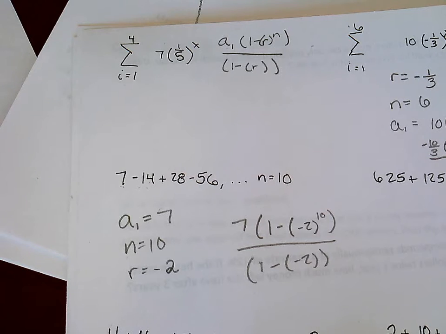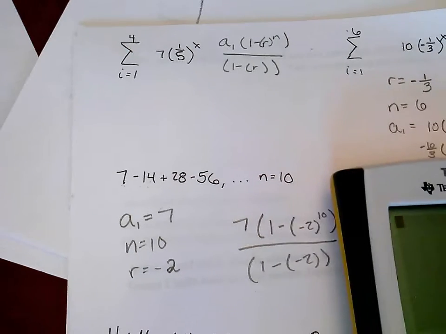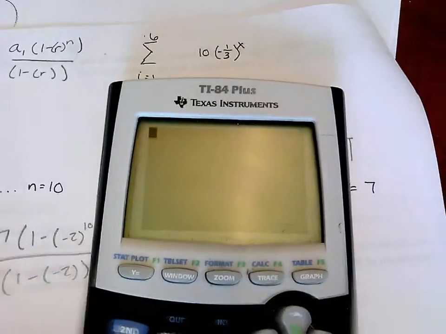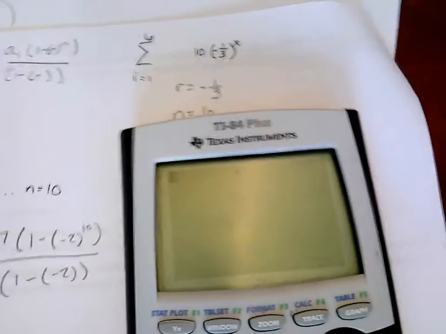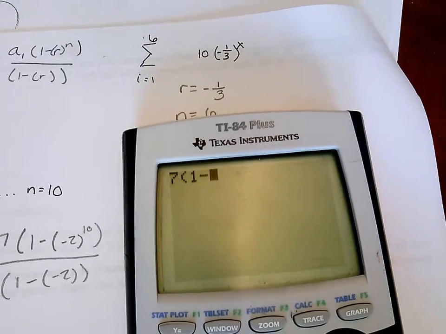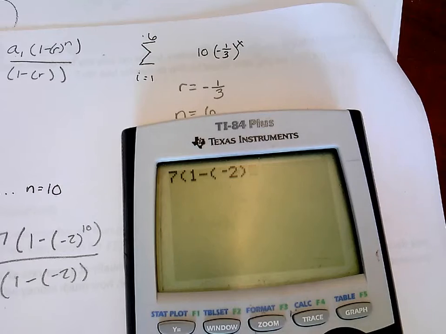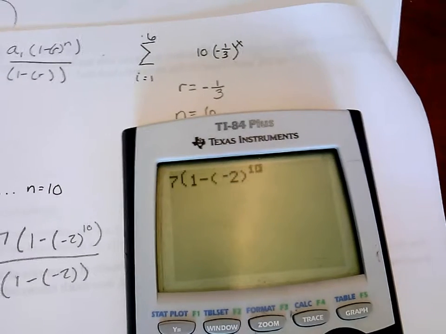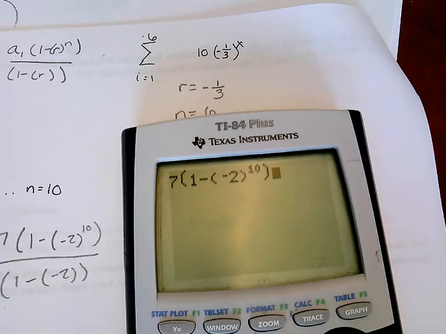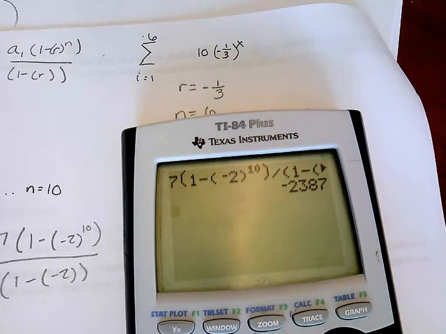From there, we just put it in our calculator. So we're going to start with 7, parentheses 1 minus negative 2 to the 10th power. Whoops. Just did the same thing that I told you guys not to do. Divided by 1 minus parentheses negative 2, close the parentheses, press enter.